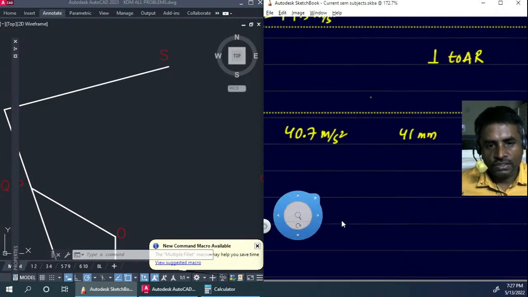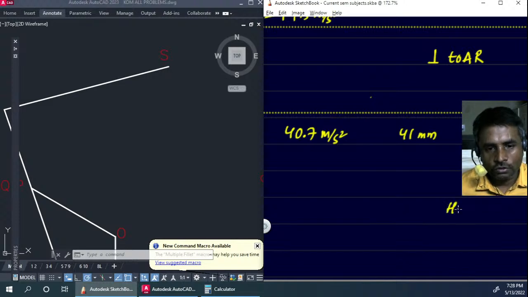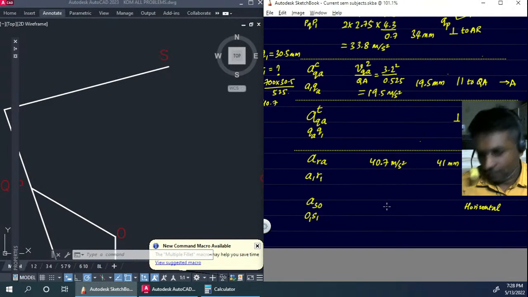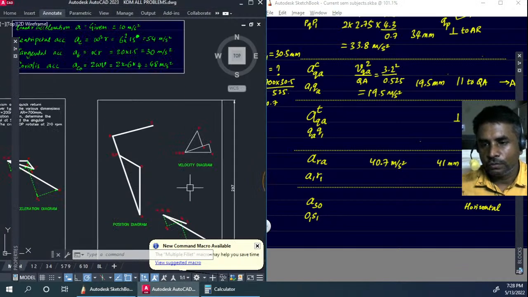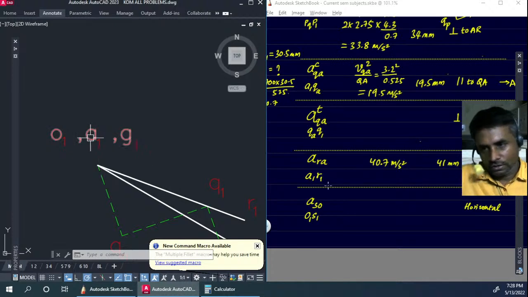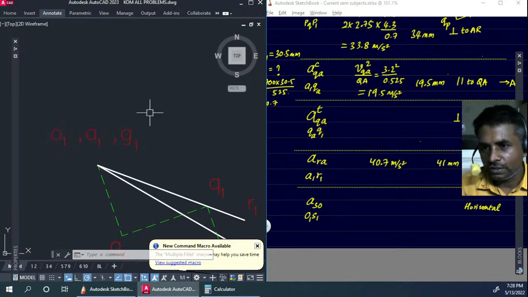We know the direction is going to be horizontal. So we are going to draw a horizontal line starting at point O1 or A1 or any of the fixed points.